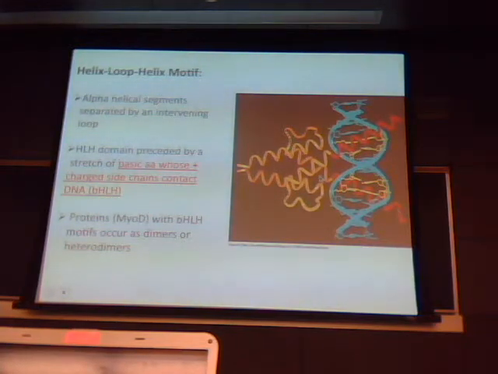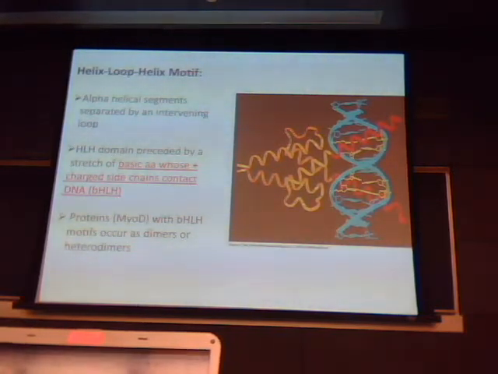Because this was found in enough different proteins, people assign it as a commonly, frequently occurring supersecondary structure, so they gave it a name called helix-loop-helix. And sometimes they even group different proteins this way. So the purpose of motif is twofold. One is helping us to analyze different proteins in terms of what common structure they share. The other one is it helps us to guess what a new protein might be doing.